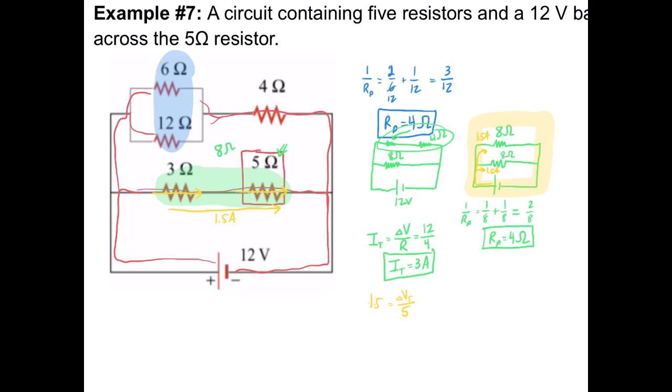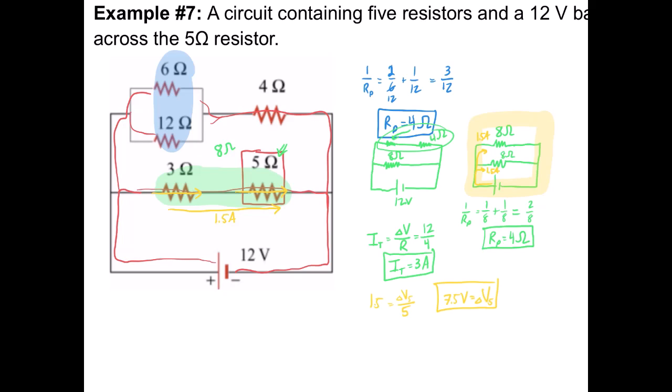I multiply by 5 and I get 7.5 volts is equal to the potential difference across the 5 ohm resistor. And that's all I was looking for, 7.5 volts. So congratulations, we're able to figure out that the potential difference across the 5 ohm resistor is 7.5 volts.